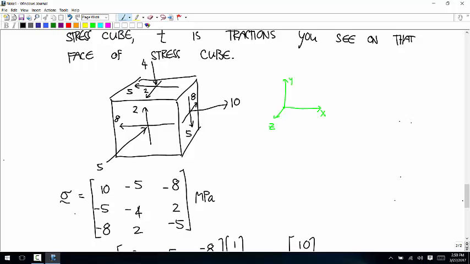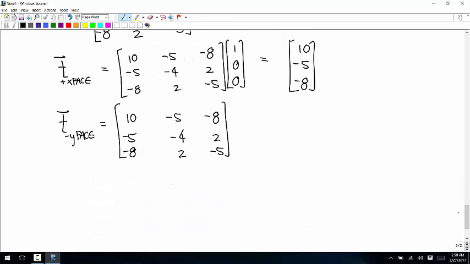The traction on the positive y face is an x component of -5, a y component of -4, and a z component of +2. And so that means that on the negative y face, there should be a traction of +5, +4, -2. Now, what's the normal of the negative y face? 0, -1, 0. And if you do that multiplication, you get 5, 4, -2, just like what we reasoned out from looking at the stress tensor.